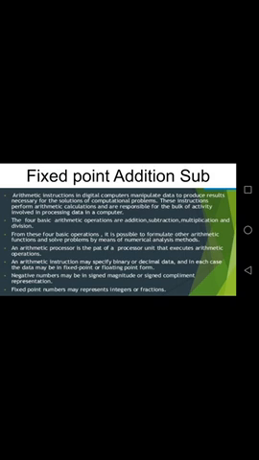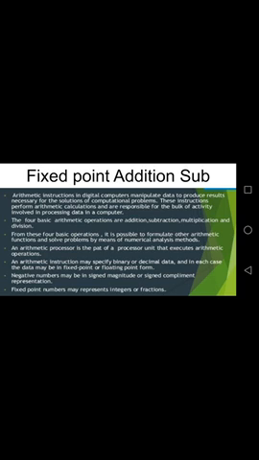a fixed point representation of a number has some fixed number of bits. A number like an integer can be represented in fixed point representation, or a float, a variable value, or real value can also be represented in fixed point representation.